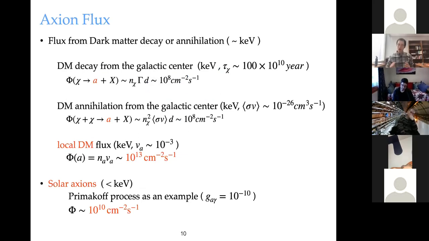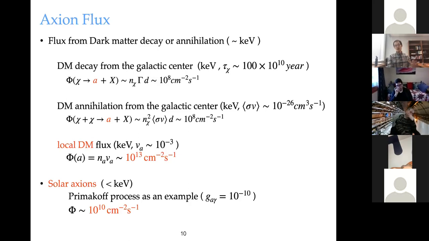Let me do some simple estimation to convince you why we should consider the local dark matter flux and the solar axion flux. There are many ways to produce these axions. Let's say the flux can come from dark matter decay and annihilation. Let's estimate the flux. For dark matter decay from the galaxy center, take keV dark matter with a decay lifetime of 100 times 10 billion years, because of constraints the lifetime cannot be shorter than that.